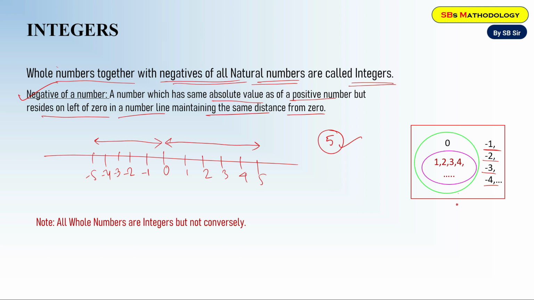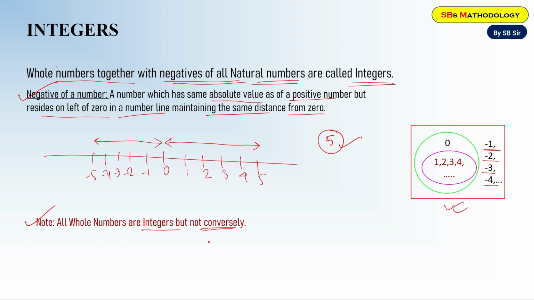Then we can easily see from the diagram that integers include all the whole numbers and natural numbers, but not all integers are whole numbers, because there are integers which have negative values, that is -1, -2, which are not included in the whole numbers. This is why I make a note that all whole numbers are integers, but not conversely, that is, not all integers are whole numbers, right? The positive integers are the whole numbers, right? So we can easily understand the integers.